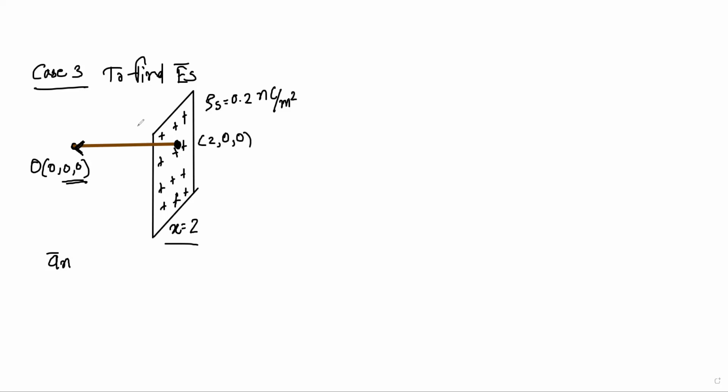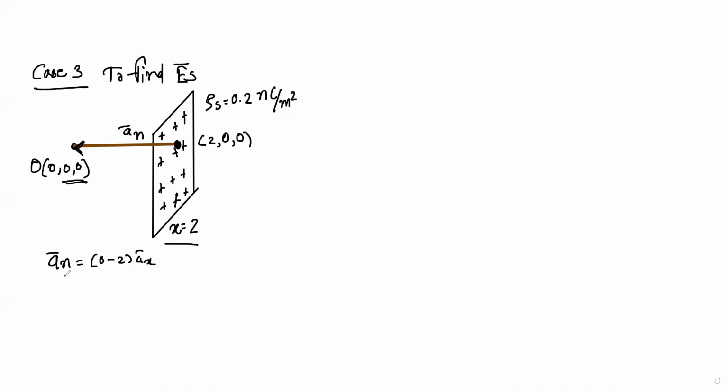So this a bar n, how will you write? This is equal to 0 minus 2 a bar x, then 0 minus 0 a bar y, 0 minus 0 a bar z, which becomes 0. So this is a bar n.